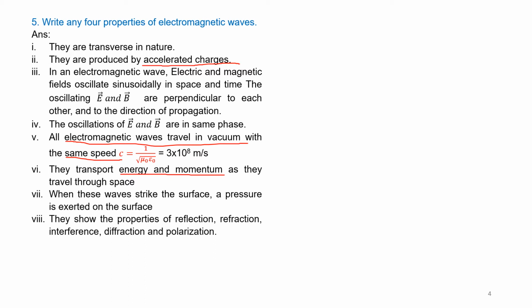These we will study in the next chapter, that is light, ray optics and wave optics. Property number 9. Electric field is responsible for optical effects of electromagnetic waves.